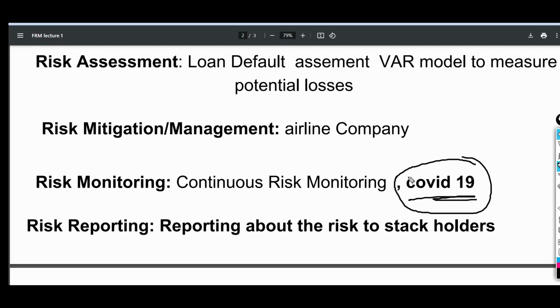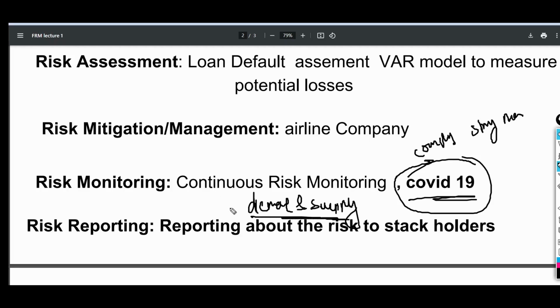At that time, so many companies did a strong monitoring of demand and supply. There was a crucial focus on the demand and supply factor of the business. Is enough demand available and is enough supply there? So you have to continuously monitor the risks.